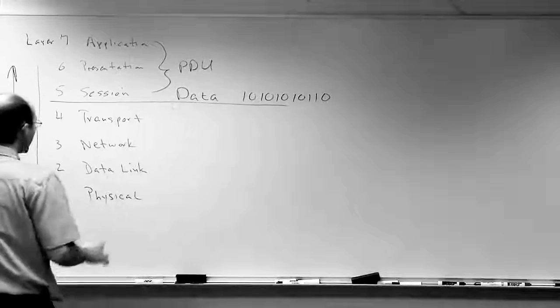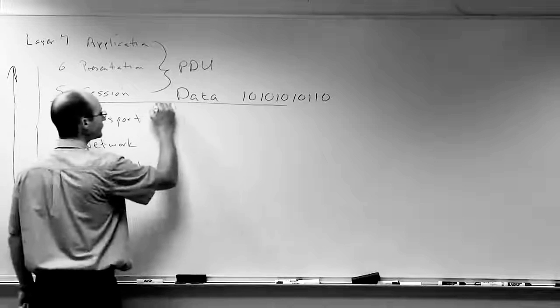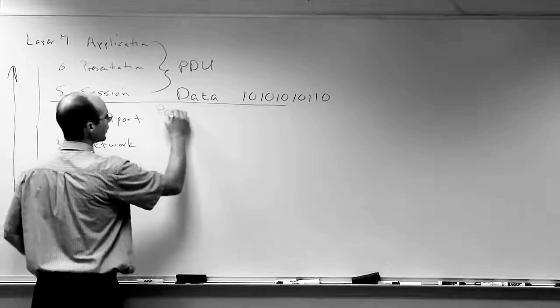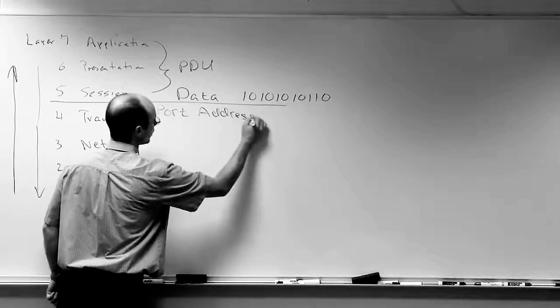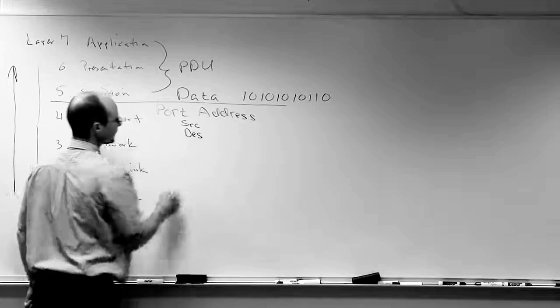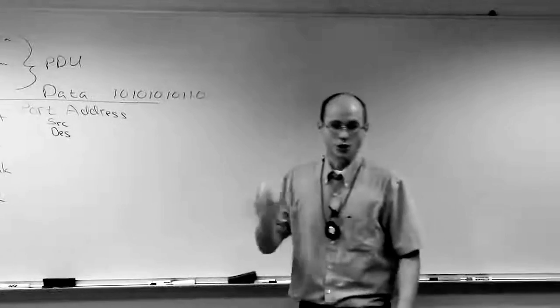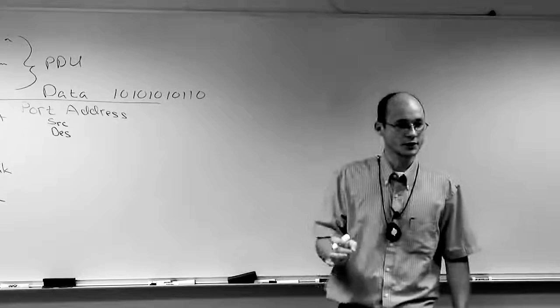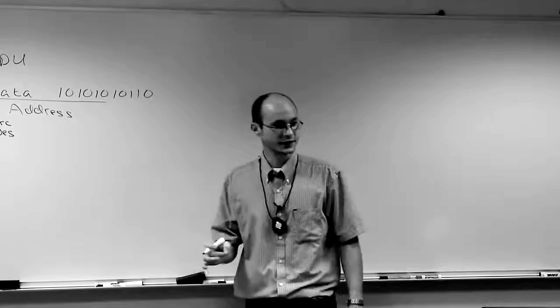So the way we identify them is through port addresses. There's going to be a source, and there's going to be a destination. We stamp each and every one of the PDUs for the transport layer with the source and destination.